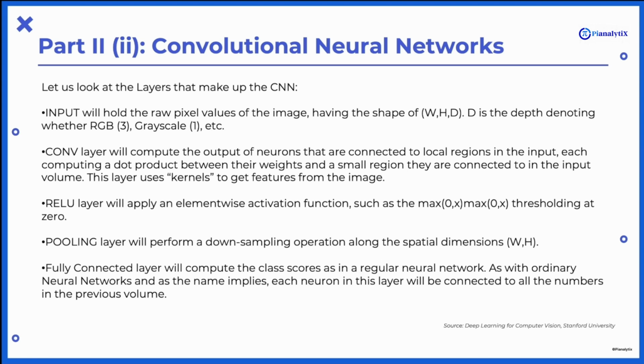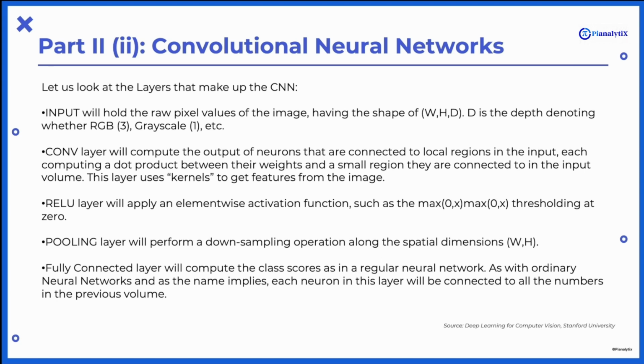The ReLU layer is an activation function that will apply an element-wise activation such as the max(0, x) thresholding. Basically, any negative value will be thresholded to 0 and the positive values will remain the same. The pooling layer will perform a downsampling operation along the spatial dimensions of width and height.